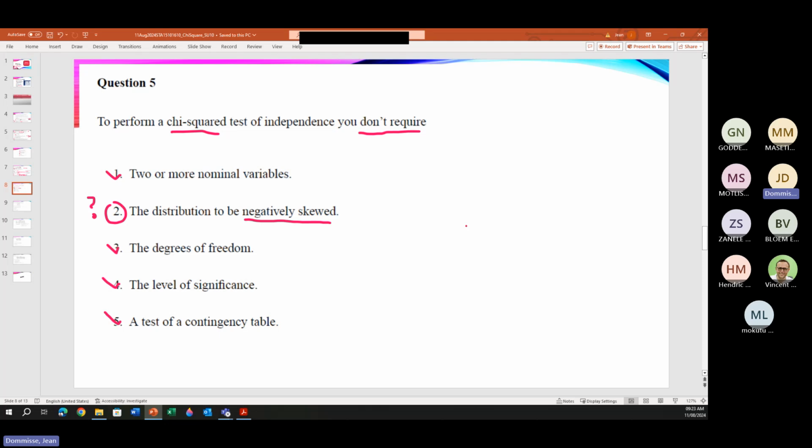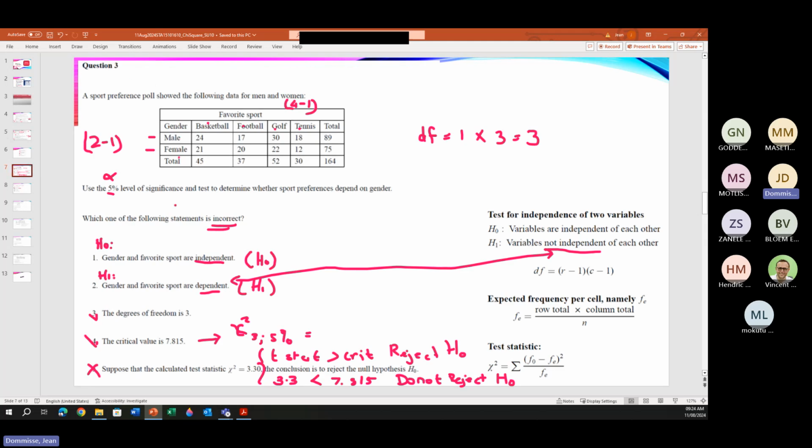With both a Z and a T, we might look at the marks of a class and how they differ from that bigger population of marks. With chi-square, we are looking at whether there is a difference within the variables.